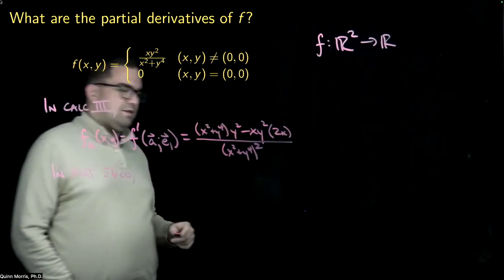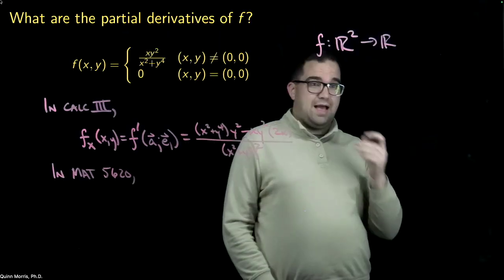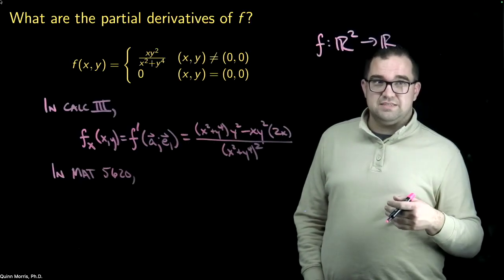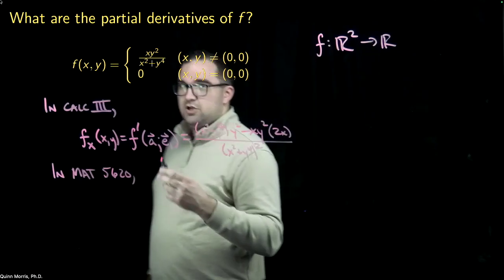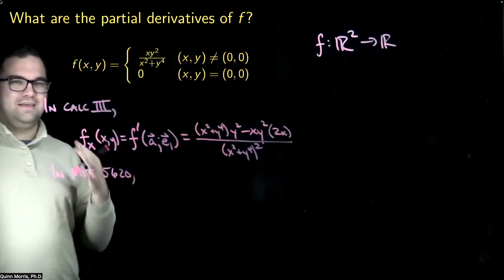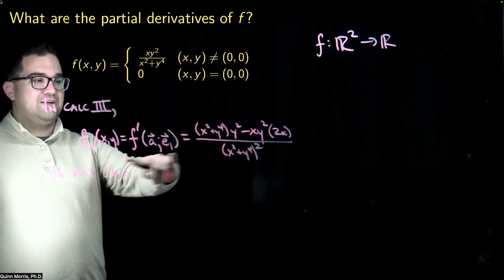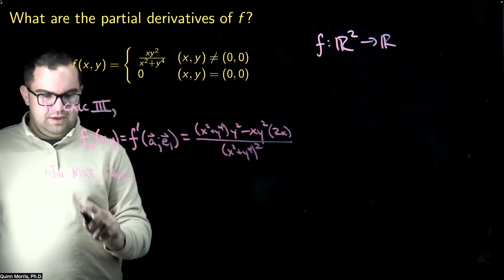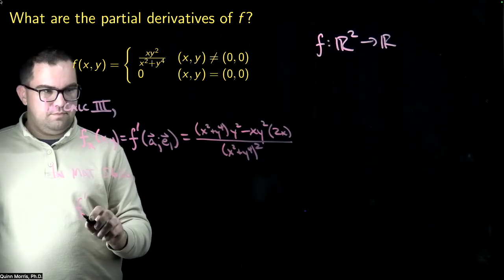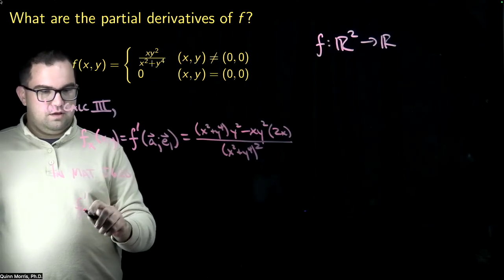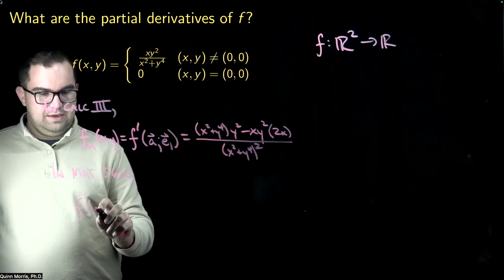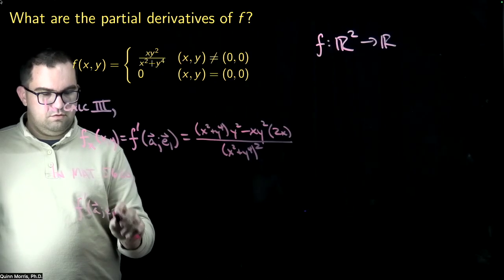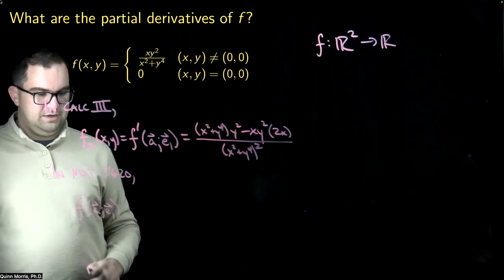Well, I could write this out explicitly using the limit definition, but I actually want to shortcut and show that the definition we've provided actually justifies doing this. So let's say I really am trying to calculate f prime of a with respect to e1.